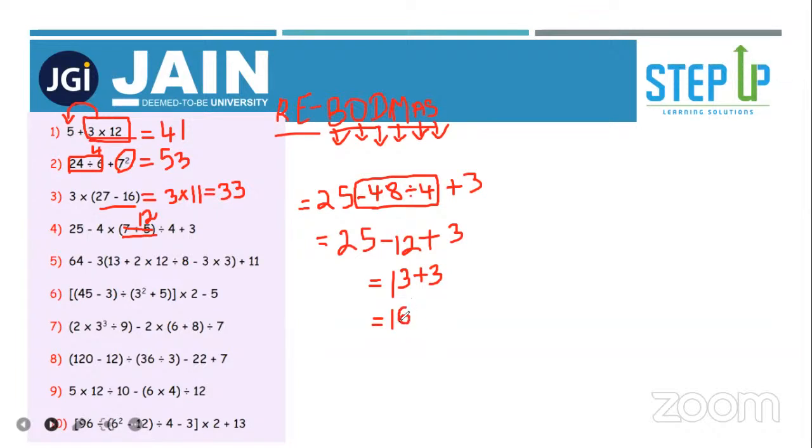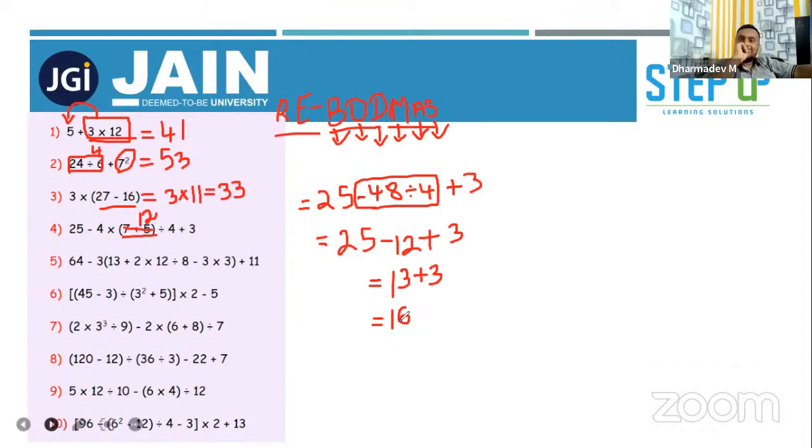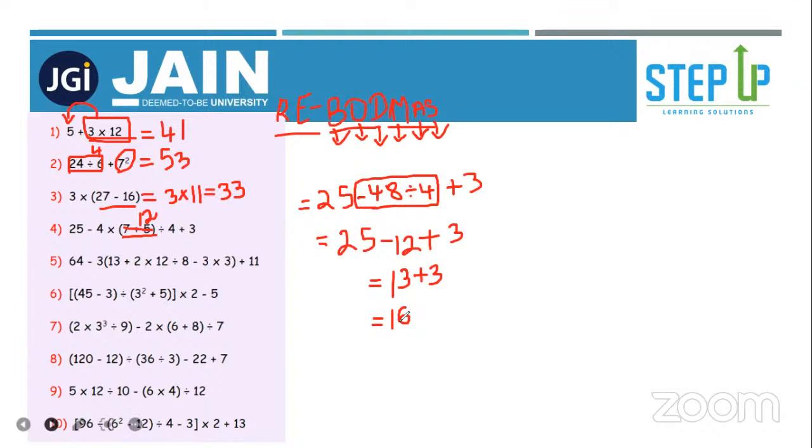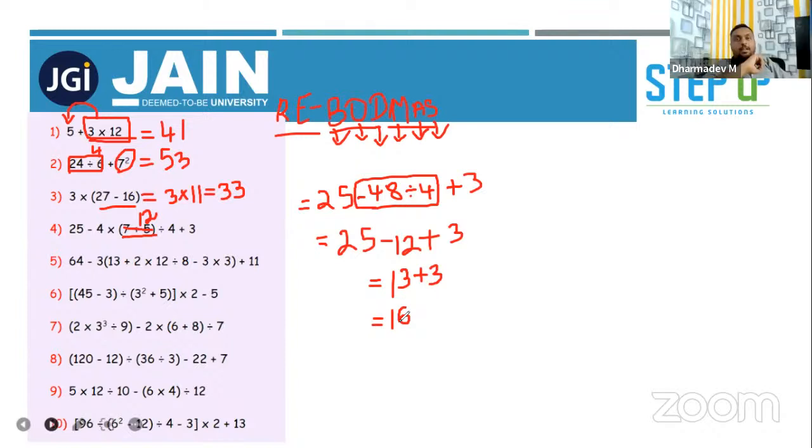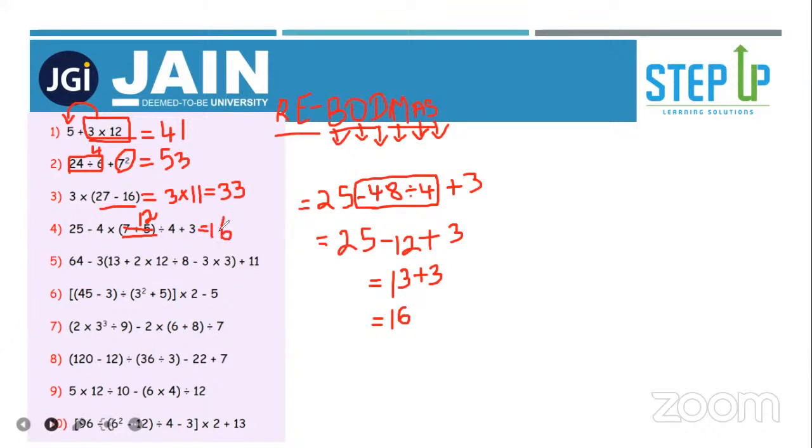Understood how to do it now? Yeah. Okay, please don't use calculators. More than the buttons, your brain is bigger. You can use your brain. It will surely work if you want to increase your speed. Okay, fine. Yes, next question. Is that clear with the fourth one, everyone?